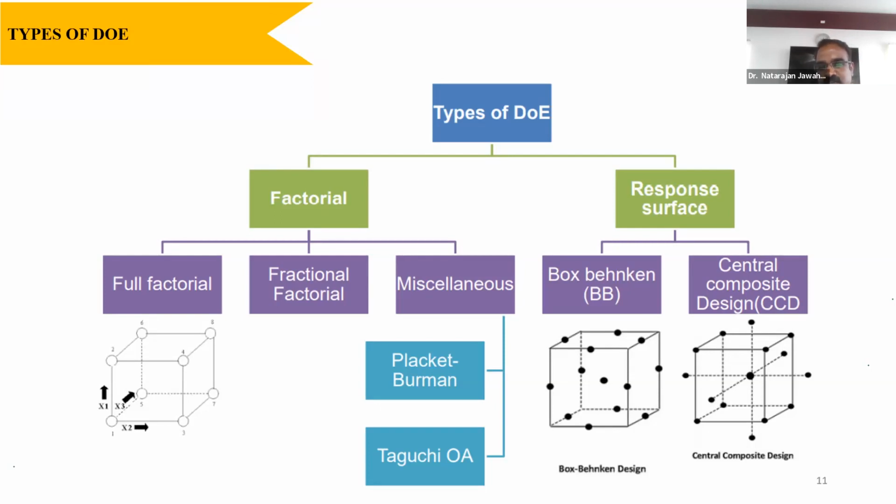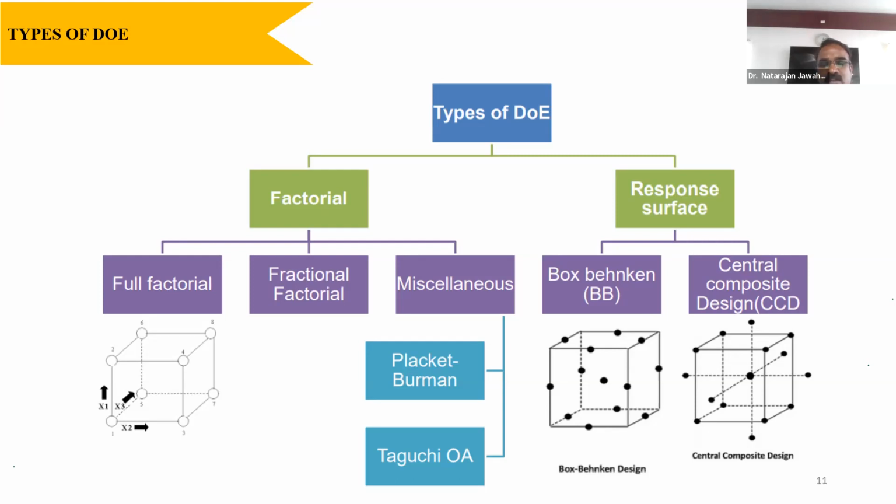Similarly, what is the difference between central composite design and Box-Behnken design? With Box-Behnken, if you know the lower limit and upper limit of your variables, then you can go with it, which will always optimize with fewer runs.